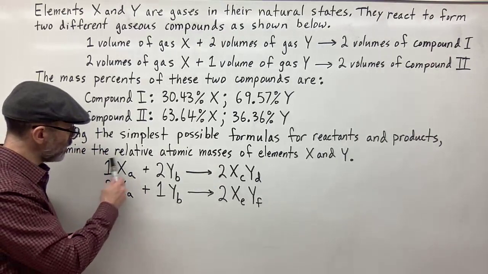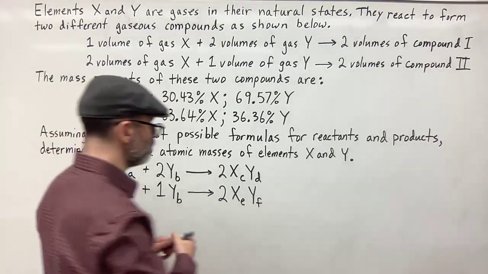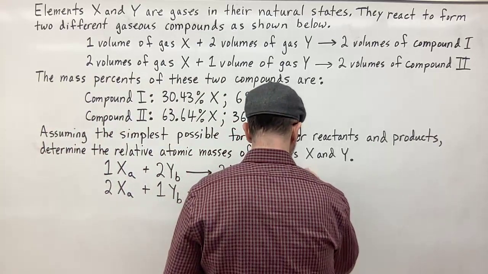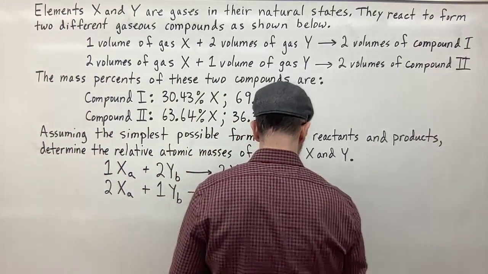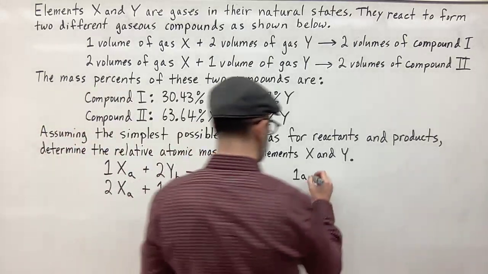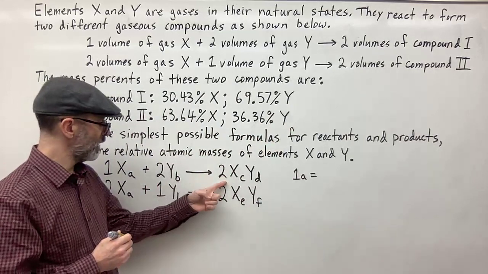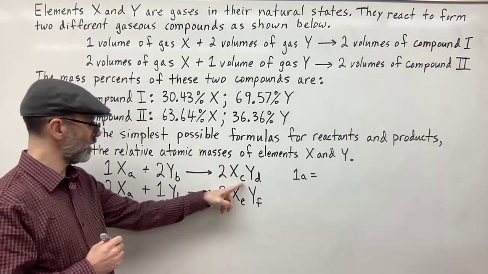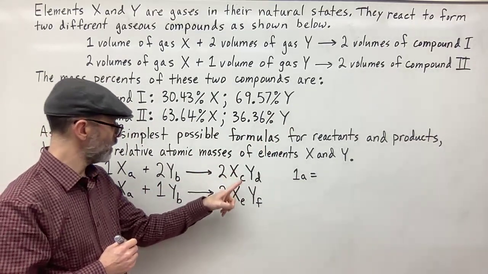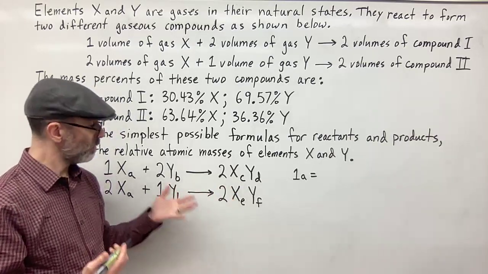So we have 1 times a gives us a number of x's. So 1a. That's the total number of x's on this side. That's going to be equal to the total number of x's on this side, which is c. We have 2 times c gives us 2c, a number of x's.